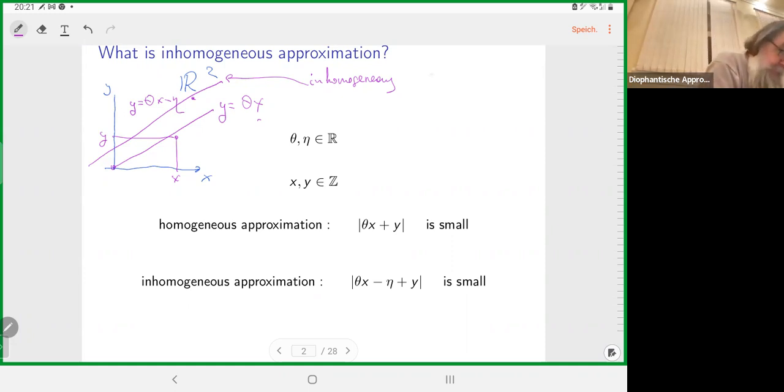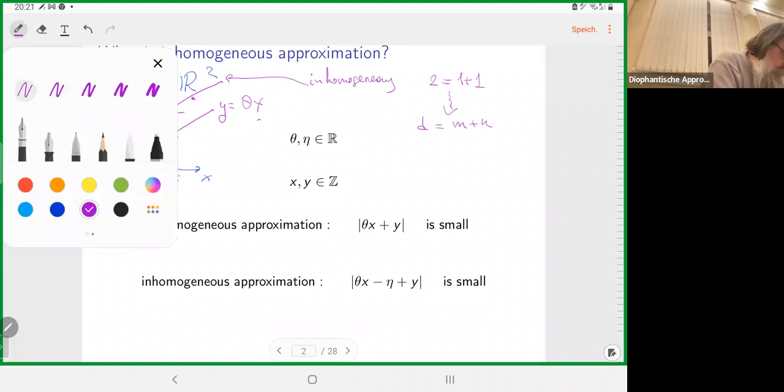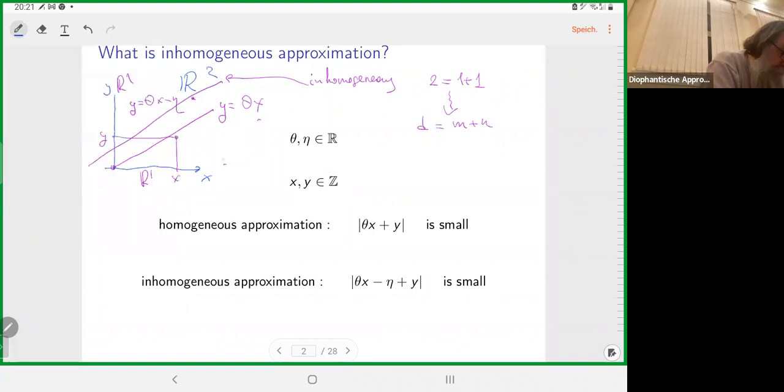However, if we turn R^2, which is 1 plus 1, here is R1 and here is R1, into R^d, which is m plus n, we may consider, instead of a one-dimensional line, an m-dimensional linear subspace.